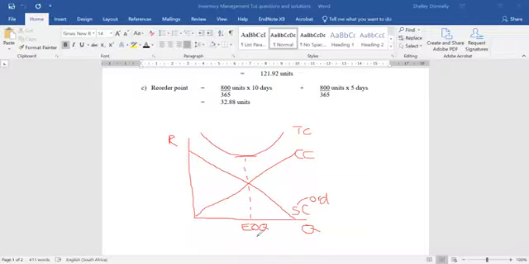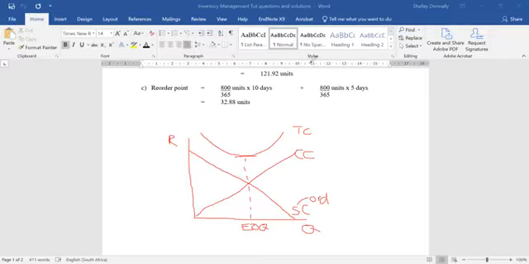Okay, so here we worked out at the EOQ the carrying costs and the shortage costs or the order costs, and they were pretty much equal, which is what they should be, because we know that's where your total costs will be at a minimum.